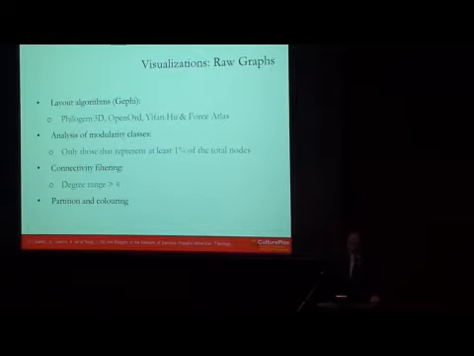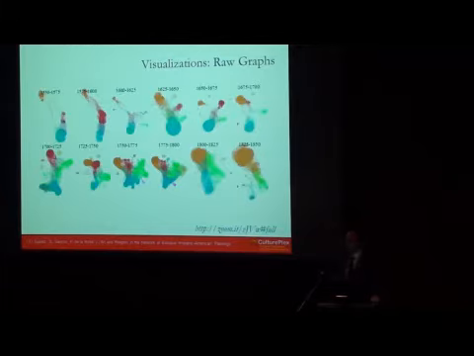Then for the analysis of modularity classes, we take only those that are represented as at least 1% of the nodes, and then we apply a filter for the connectivity for those that have a degree range greater than 4, and we finally do the partition and the coloring to get this kind of results in the periods that we are analyzing from 1550 to the end of the Hispanic monarchy as such, with the independencies of the nation states in Latin America, around 1825.